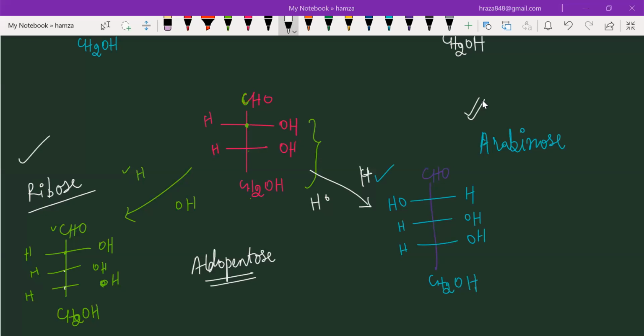On the right hand, H will be on the right hand side, OH will be on the left hand side, and add this carbon more, and you will get it. So we just derived 2 parts, basically glycerol from glyceraldehyde, erythro and threo, and we derived ribose and arabinose from erythro. Now we are going to derive from threo.